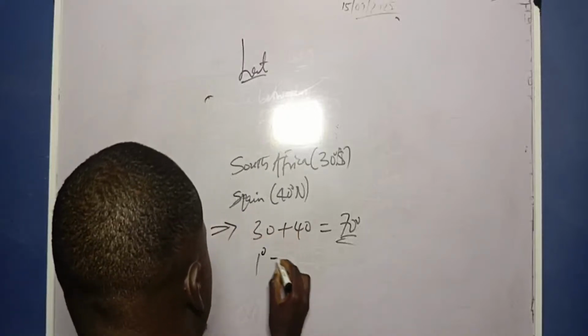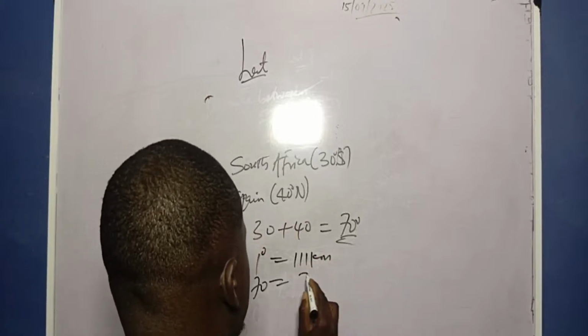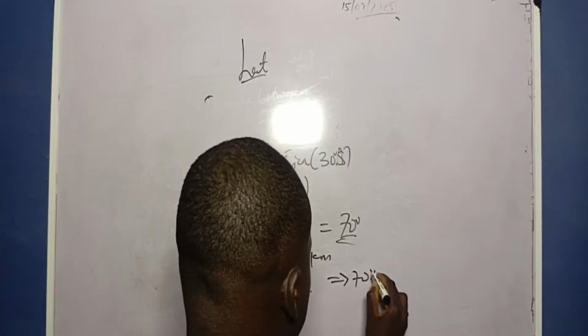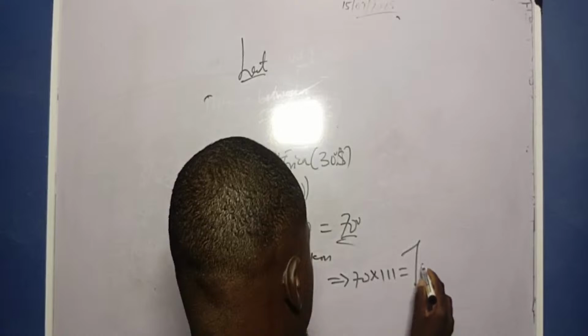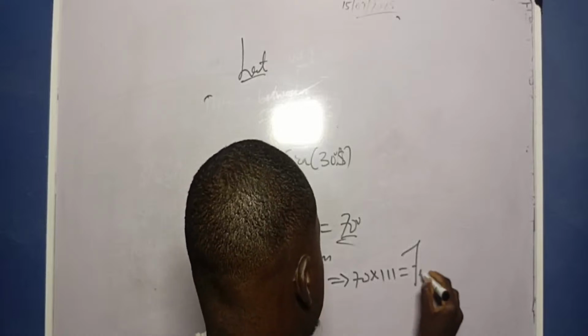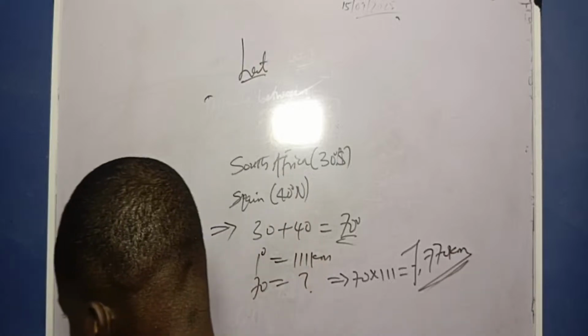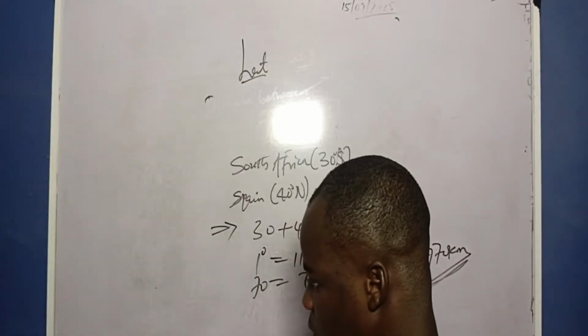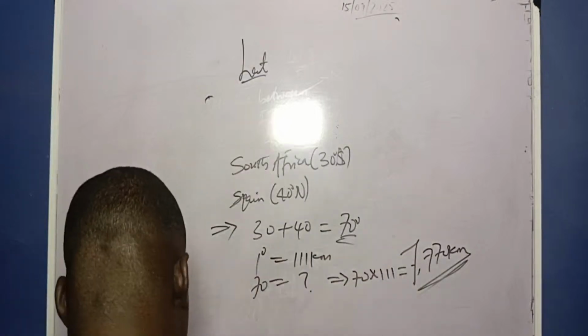Since 1 degree is equal to 111 kilometers, 70 degrees is what? You cross multiply. 70 times 111 is going to give you 7,770 kilometers in this situation.